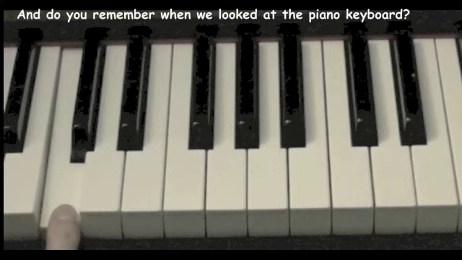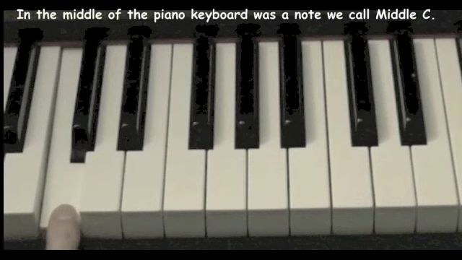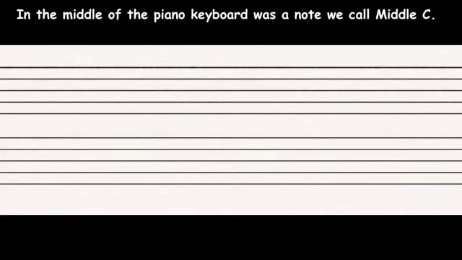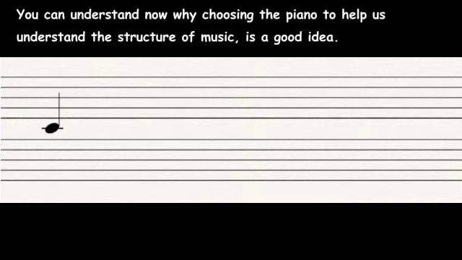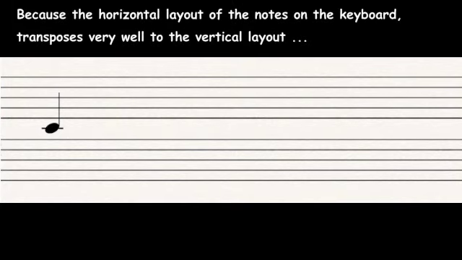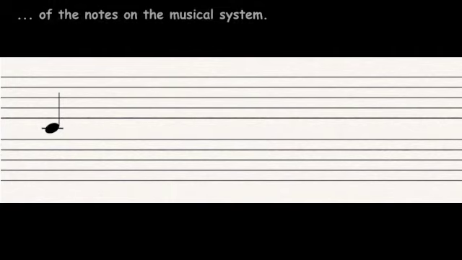And do you remember when we looked at the piano keyboard, in the middle of the piano keyboard was a note we call middle C. So on the musical system, in between those high notes and those low notes, in that space goes the note middle C. You can understand now why choosing the piano to help us understand the structure of music is a good idea, because the horizontal layout of the notes on the keyboard transposes very well to the vertical layout of the notes on the musical system.